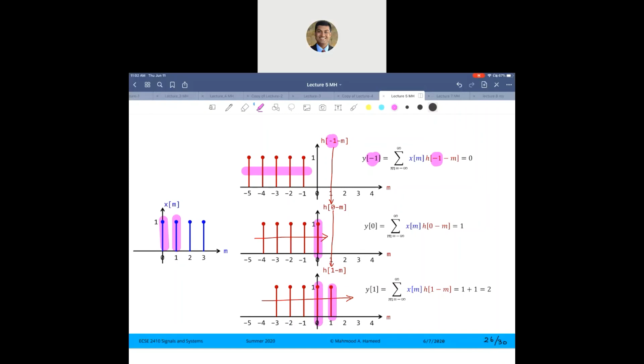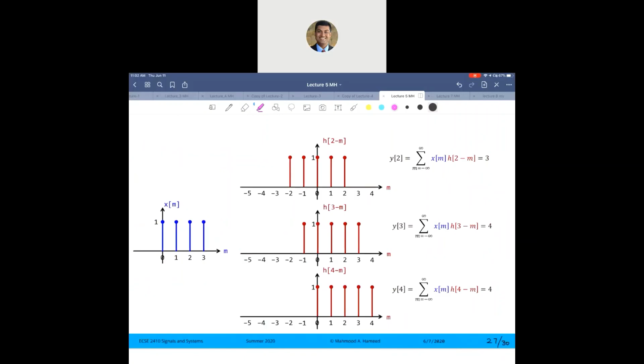Then you are probably able to guess, as you move this more to the right, you get three overlapping elements, so your product goes 1 times 1 plus 1 times 1 plus 1 times 1. Then you do one more step to the right to evaluate y of 3. You have 4 there because now all 4 are going to match up. So you have 1 times 1 four times, you add them up, you get 4.